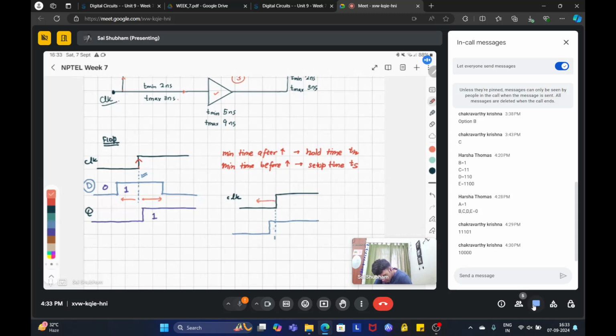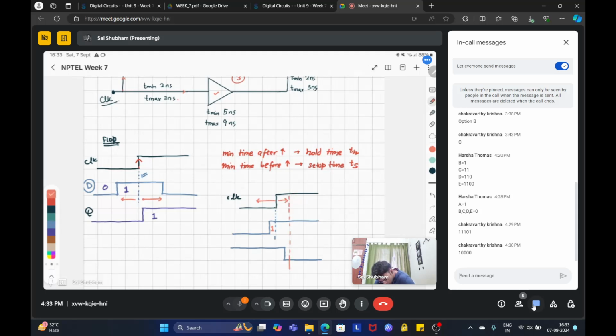Even though this is 1 before the clock edge, we cannot guarantee that the output will be 1. Similarly, if your data is 1 throughout, but right before your hold time it goes down to 0, this is your hold time requirement.